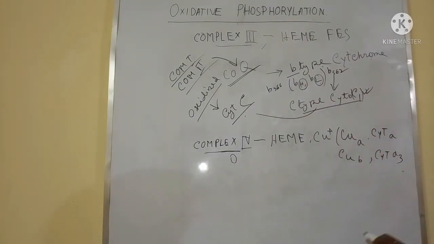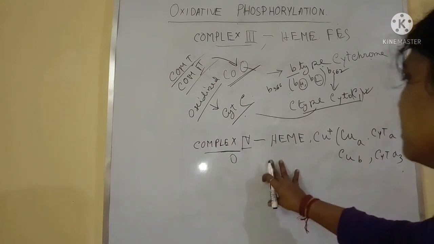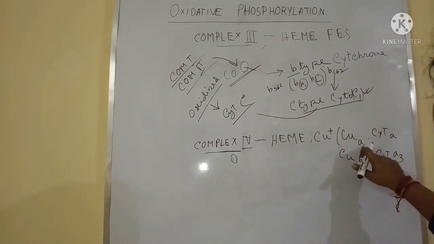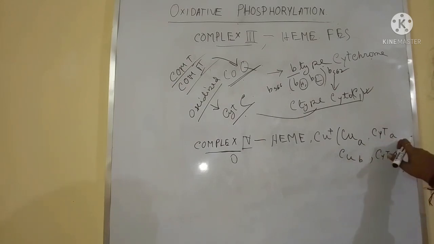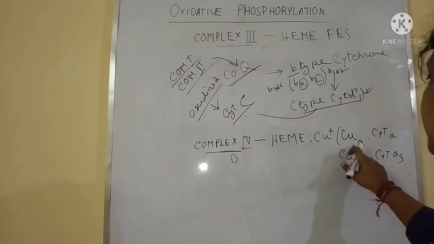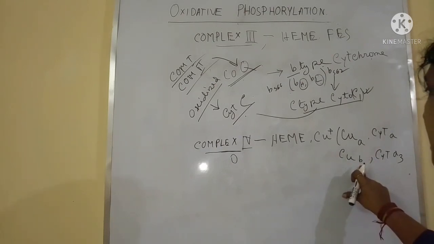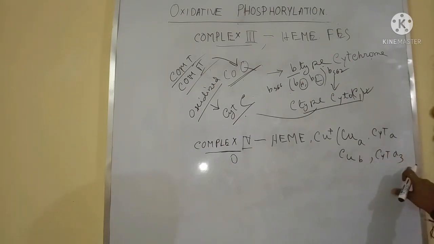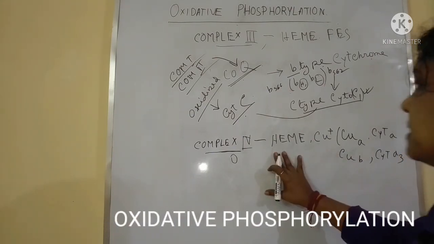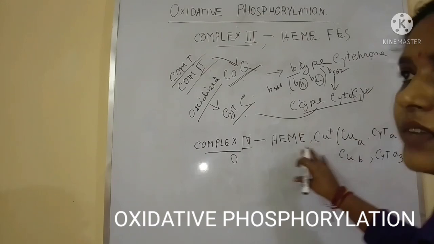This is very important. One electron first goes to the CuA and to cytochrome A. And the second electron goes to the CuB and to the cytochrome A3. Clear?